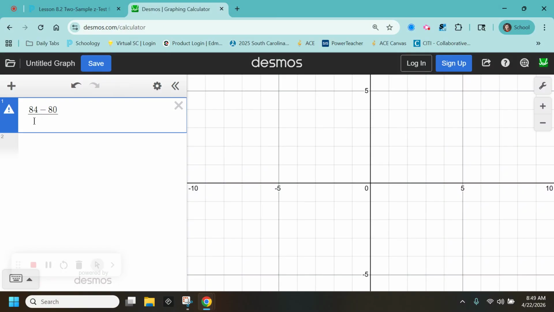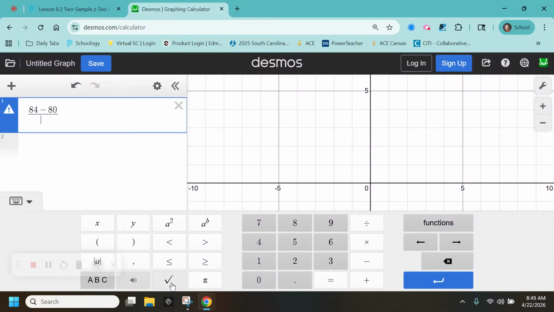So now in the denominator, I am going to insert a square root. And then I'm also going to put in another divide bar. And you can actually set this up for your two fractions that are on the bottom.